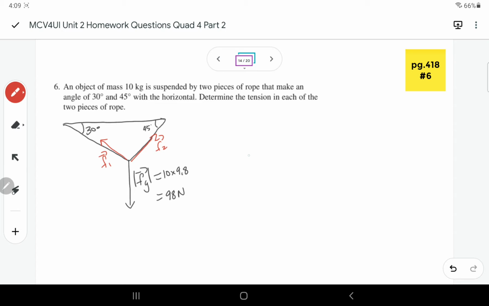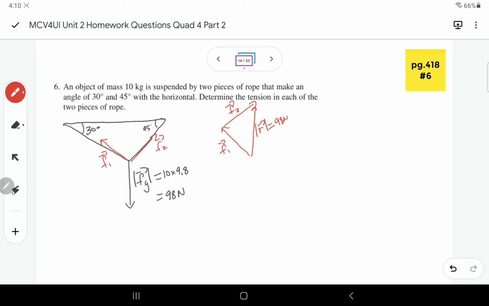If I redrew this, I would have F1 in that direction and F2 in that direction, and they would add up to that resultant force, and the magnitude of the resultant is going to be the same as the magnitude of the force of gravity.